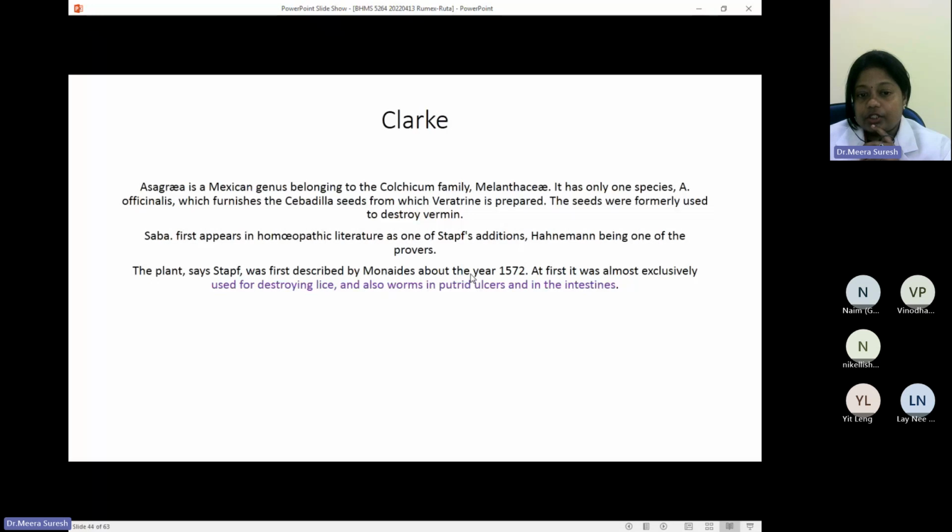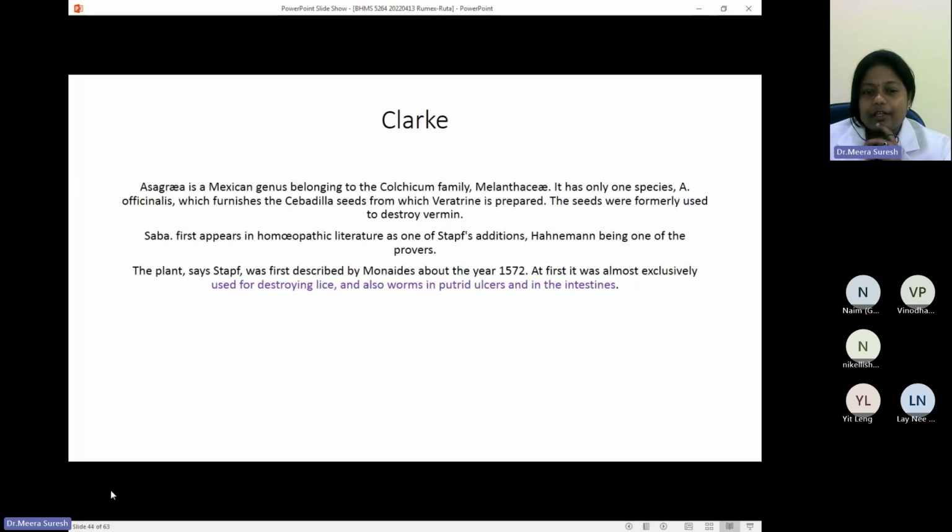This is mentioned even in the year 1572, and they say in the old school that even at that time, in 1572, it was used for destroying lice. So that may be the reason head lice came over here, but homeopathically I don't think that symptom has been got. Maybe they are putting it in some patent. I have seen Sabadilla in patent.